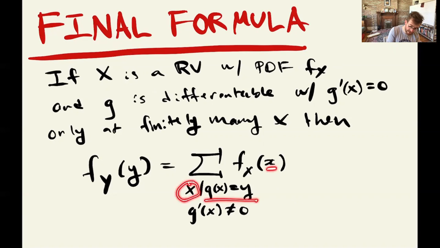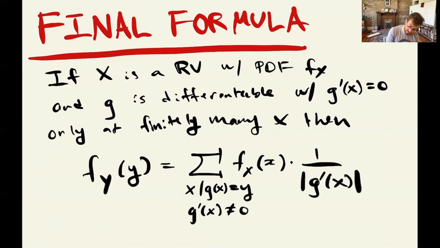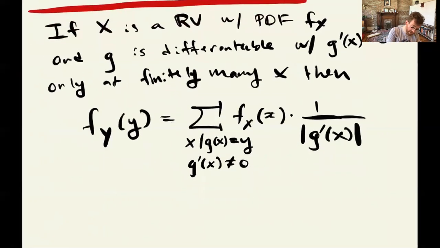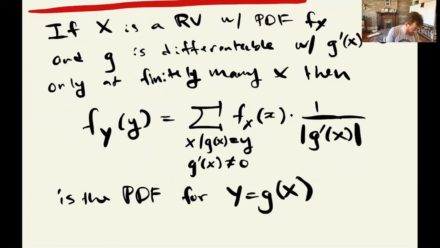This is like if I want an x that goes to something squared, then I need to take plus or minus those values. So I check that this holds, times 1 over the absolute value of G prime of X. And this is the PDF for Y, which is G of X.